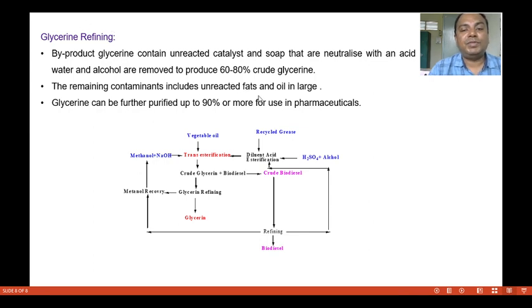Once all of this content, that is water, alcohol, unreacted fats or oil, or acid or base, has been separated from the glycerol, eventually what we get is glycerol which is 90% pure, and this can directly be used as a raw material for making pharmaceuticals as well as cosmetics.